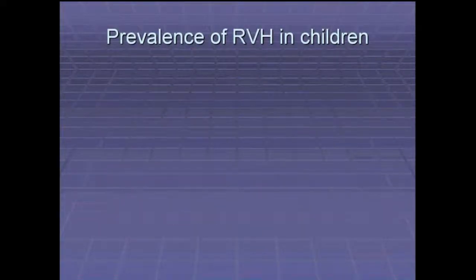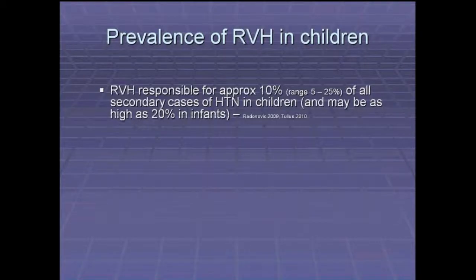So what is the prevalence of renal vascular hypertension in children? Some say it's responsible for up to 10% of all children with secondary causes of hypertension. It's probably as high as 20%, particularly in the young infants. So it's probably inversely proportional to the age. The younger the child is with hypertension, the more likely it is to be related to renal vascular hypertension, whereas the older they are, it's less likely to be related to renal vascular hypertension.